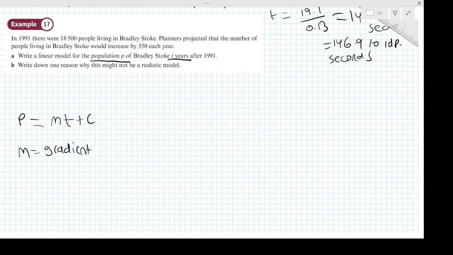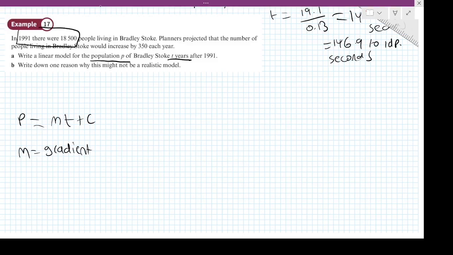Now, let's have a look at the information. In 1991, there were 18,500 people living in Bradley Stoke. Planners projected the number of people living in Bradley Stoke would increase by 350 each year. Okay. So, really, I've only been given two bits of data: that number there, and this bit here, increased by 350. Now, the gradient, remember, is how much it goes up by, essentially, right?